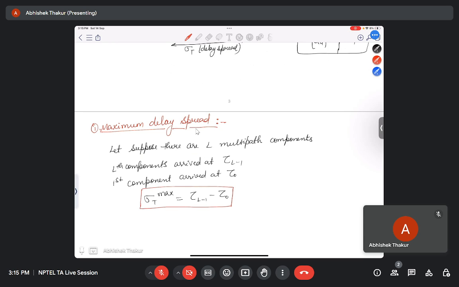This is our maximum delay spread. It is just the difference between the last signal arrived and the first signal arrived. It is the interval between the arrival of the first and last signal at the receiver.